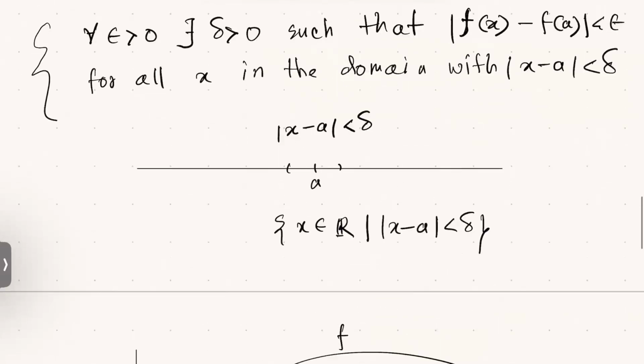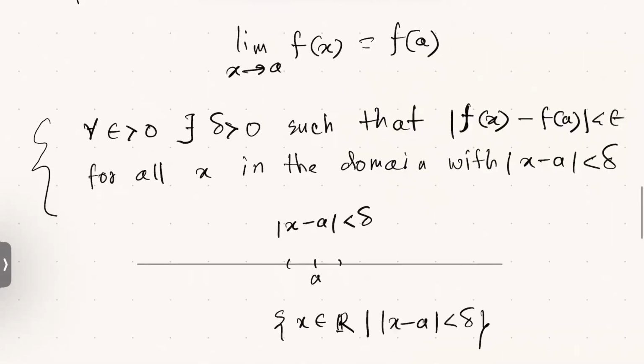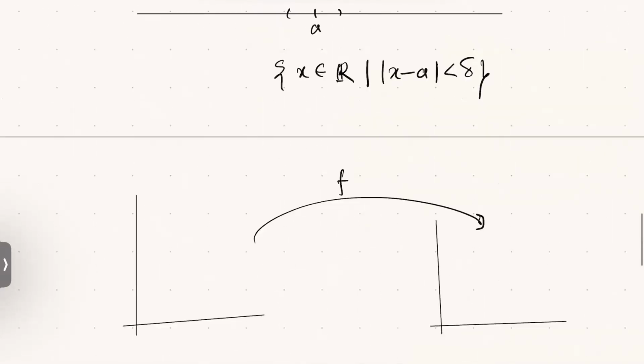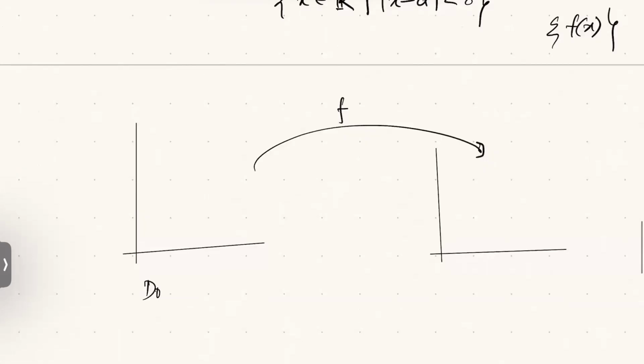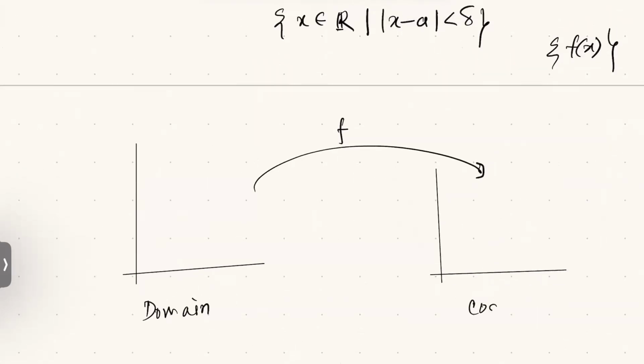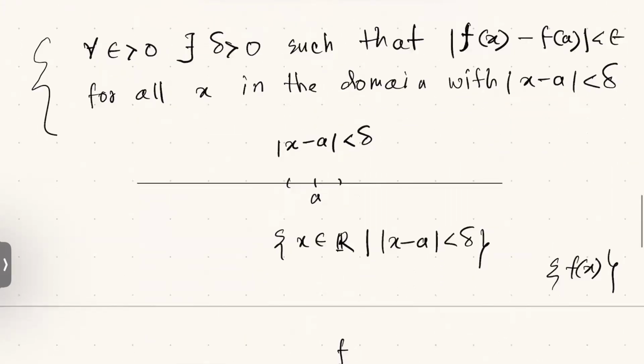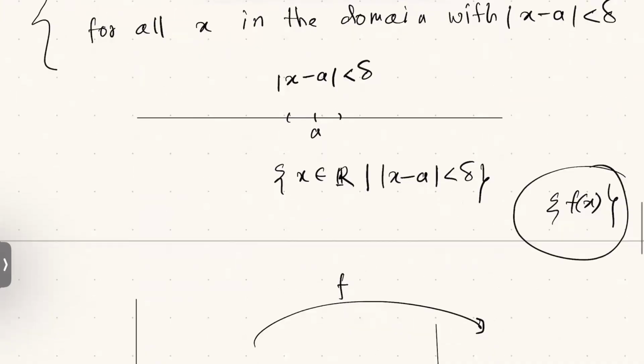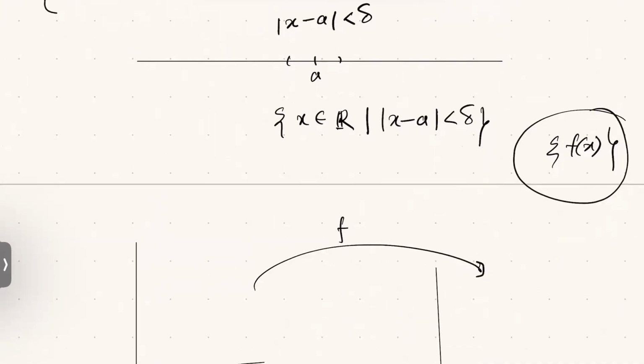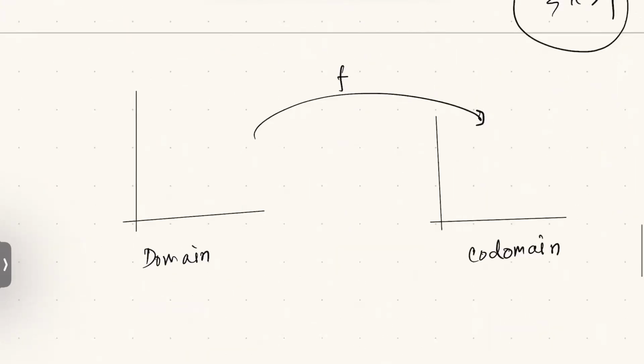So if we consider the set f of x, and if this is my domain and this is my codomain, then this set f of x for all the values of x in the domain will be a subset of the codomain.